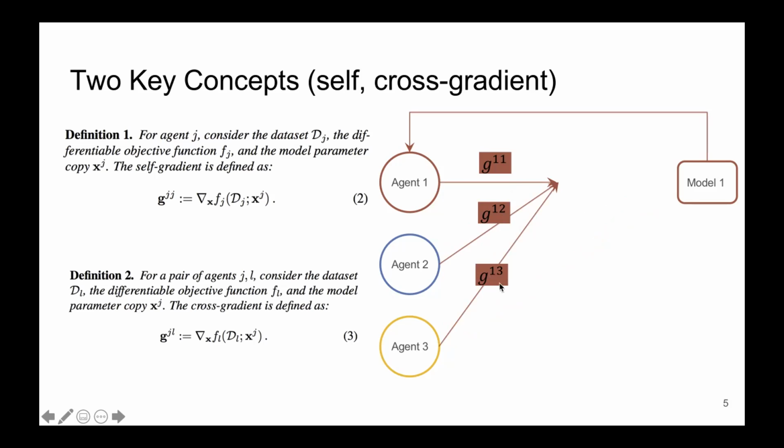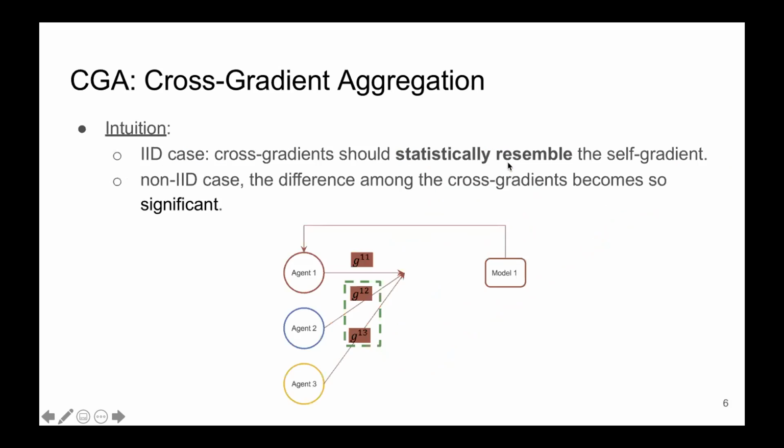They try to use this information, cross gradient and self gradient, to deal with the non-IID case. The intuition is that in the IID case, the cross gradient should be statistically like the self gradient.